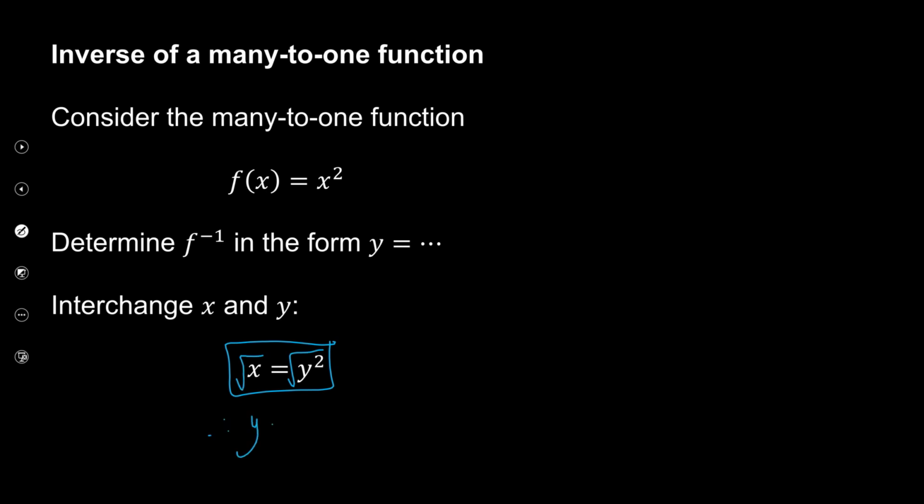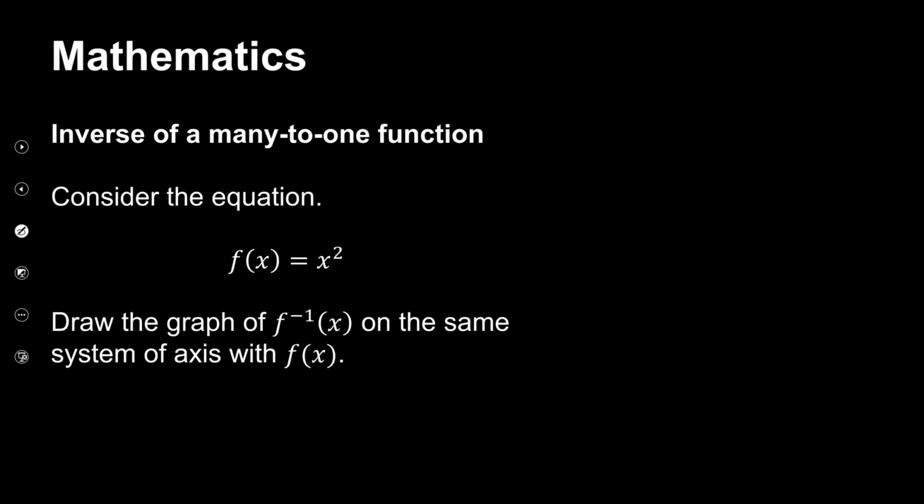Therefore, y will be equal to plus or minus the square root of x, right? Because this is all about a plus and a minus, meaning it's above the x-axis and below the x-axis. Now, so that we can compare the two graphs, we want to draw them on the same system of axes, right?